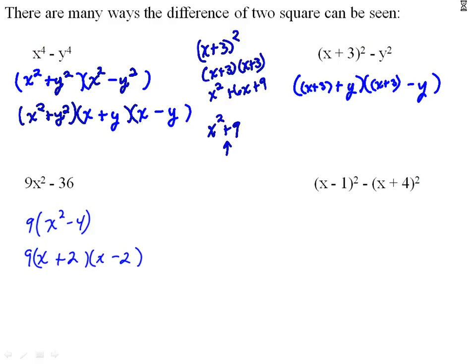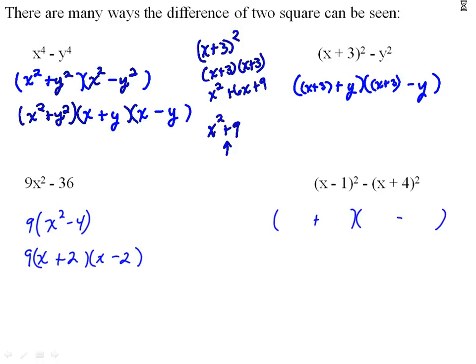All right, so let's go one step farther. Look here. Look at what you're looking at, okay? This is the difference of 2 squares. All right? Since I have the difference of 2 squares, I'm going to open up 2 sets of parentheses, put a plus in one and a minus in the other. Are you picking up on that process? When you realize you have the difference of 2 squares, just start the process. Open up 2 sets of parentheses, put a plus in one and a minus in the other.